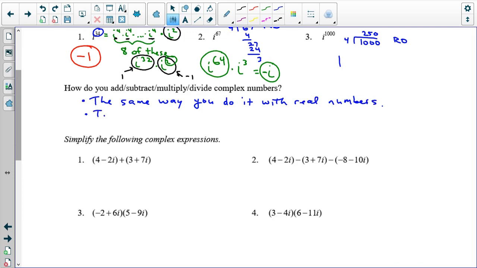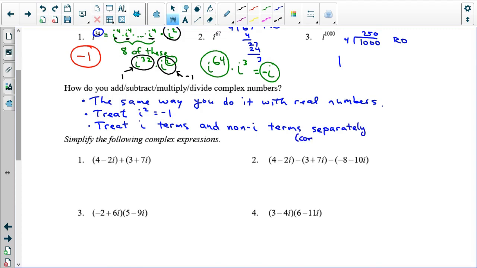You must treat i squared as -1, and you must also treat i terms and non-imaginary terms separately. So ultimately, that means that you are combining like terms.